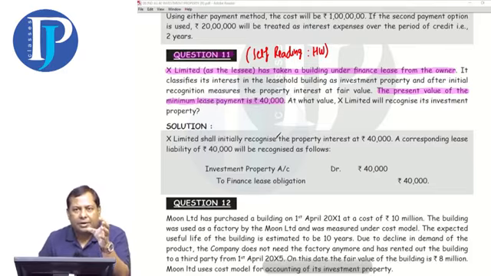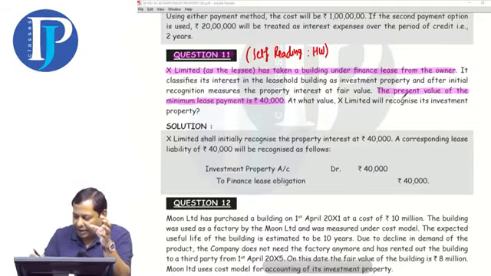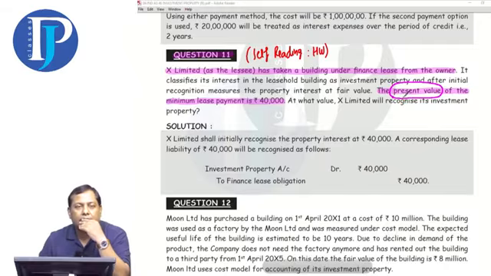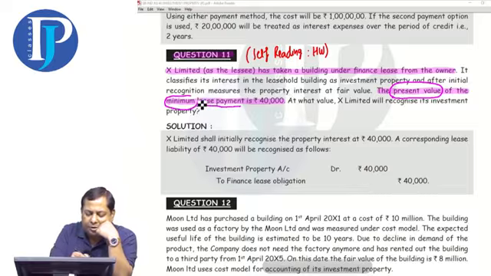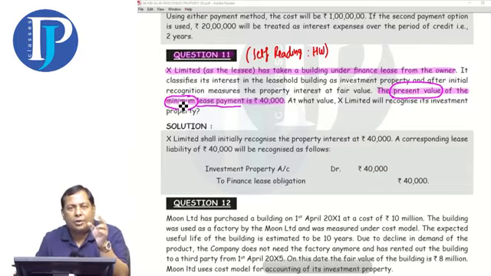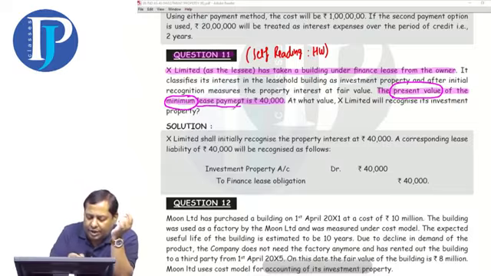The present value of your lease payments has been calculated and provided to you. If the present value is given to you, then our work is easy. Don't focus on this word minimum, okay? Why is this minimum? We will see in 116. Just focus on lease payments. The present value of the lease payments is 40,000.